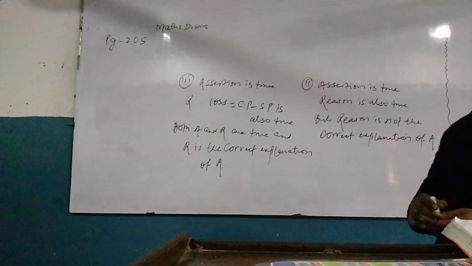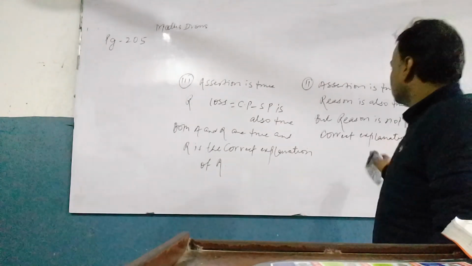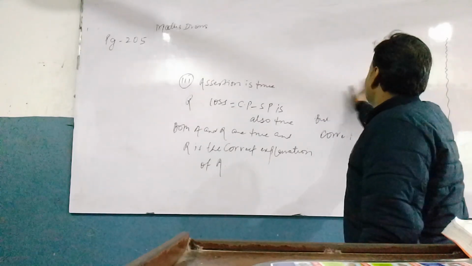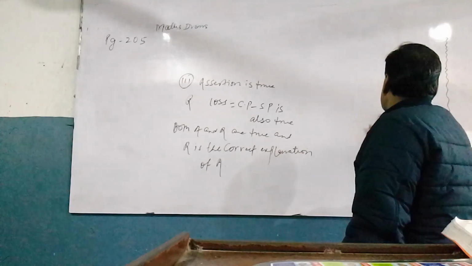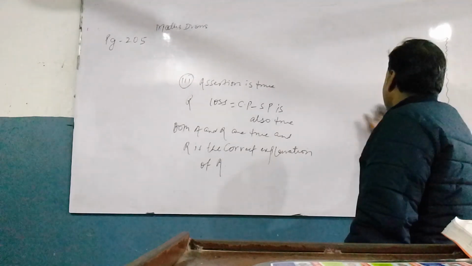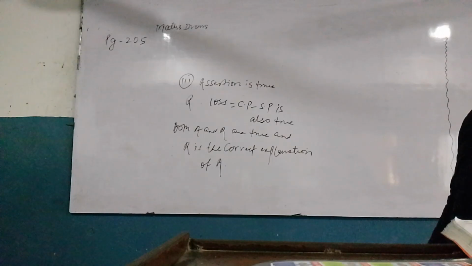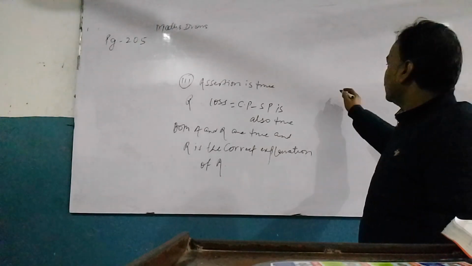Now come to question number 4, the last assertion reason based question. The interest on rupees 10,000 for 6 years at the rate of 20% per annum is rupees 15,000. First find interest.